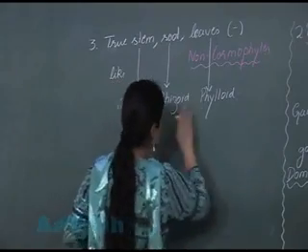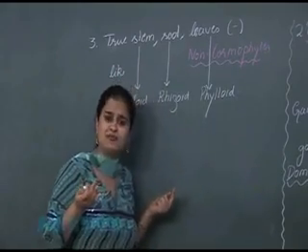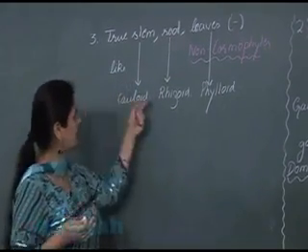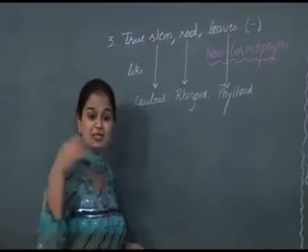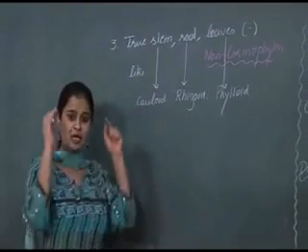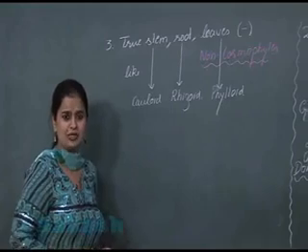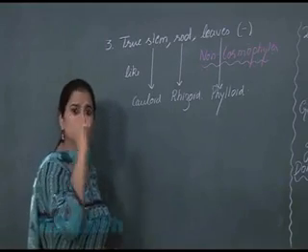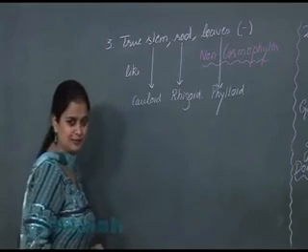So these structures will perform the function just like stem, root, leaves, but still they are not known as true organs. Why are they not known as true stem, root and leaves?